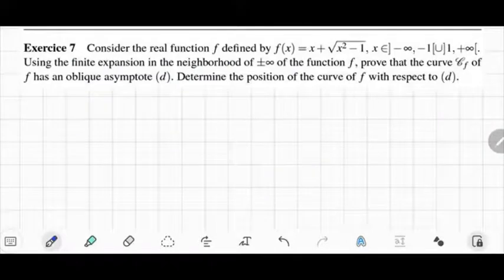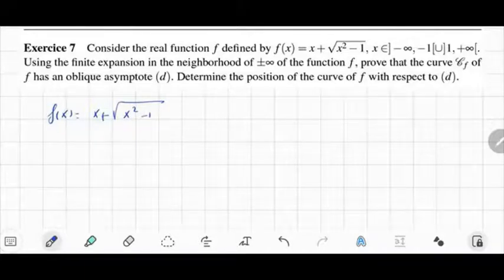We move now to exercise 7. Consider the real function f of x. f of x is defined as x plus square root of x squared minus 1 for x belonging to minus infinity, minus 1 union 1, plus infinity. Using the finite expansion in the neighborhood of plus or minus infinity of the function, prove that the curve has an oblique asymptote.